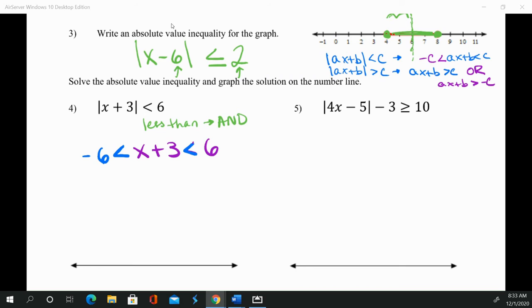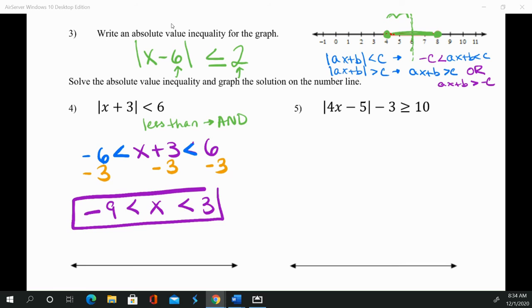From here, we're solving this compound inequality. So remember, we want to isolate x in the middle. So we subtract 3 from the middle, from the right, and from the left. And there's our compound inequality.